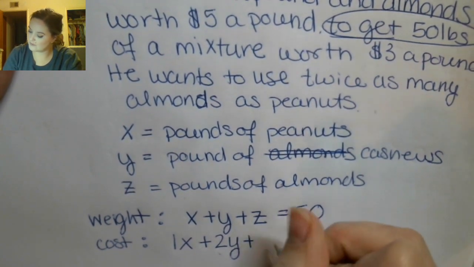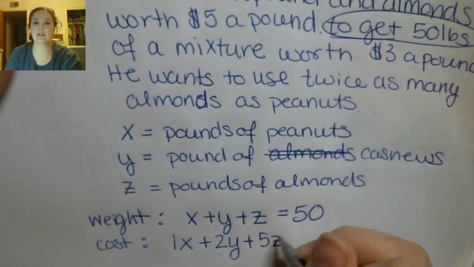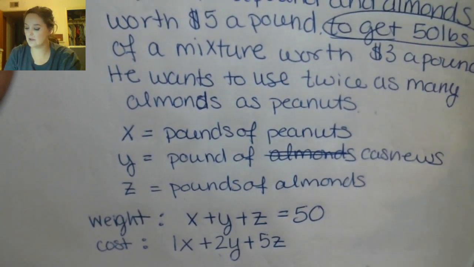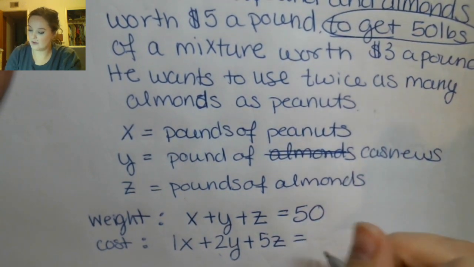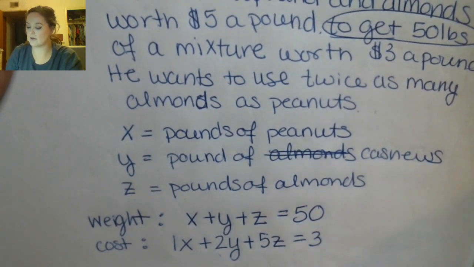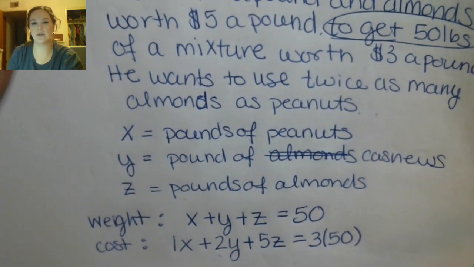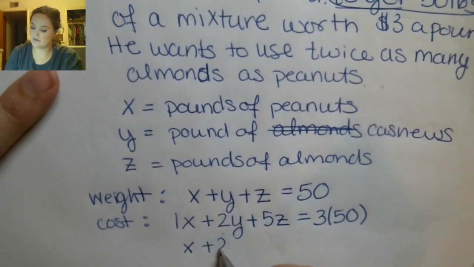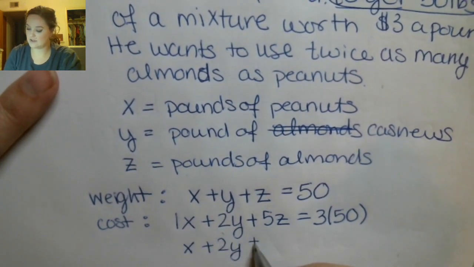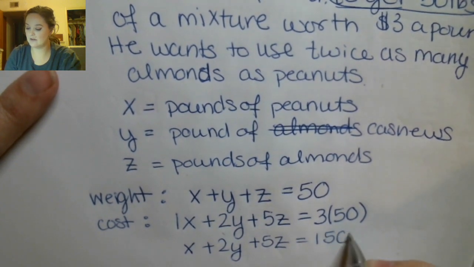And then for the almonds, it would be 5z because each pound is worth $5 and there's the number of pounds. Then we're going to talk about the total. We want it to be $3 a pound, and we know that there are 50 pounds. So we could simplify this equation to be x plus 2y plus 5z equals 150.